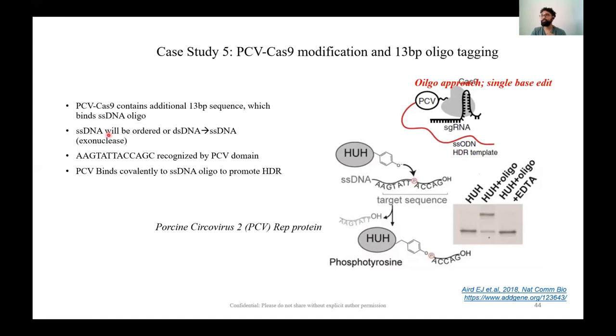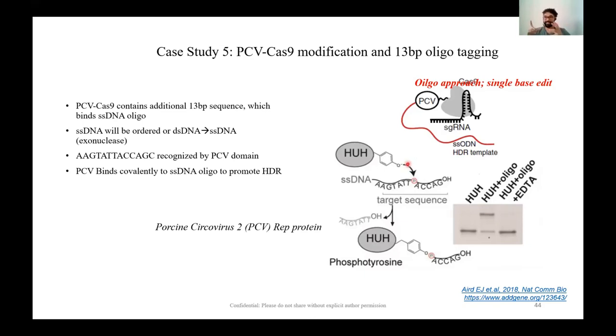So if you conjugate your single-stranded DNA with this 13 base pair region, this will bind to this PCV protein, which is then conjugated to the Cas9, and will form the complex with single guide RNA, together called the RNP, plus your oligo is also already conjugated to this PCV-Cas9, because this assembly takes place basically inside a tube. And then you can either transfect, electroporate, whatever you want inside the cell.